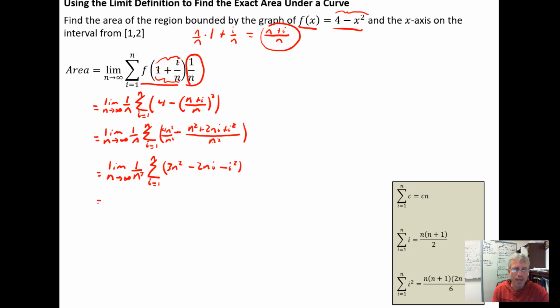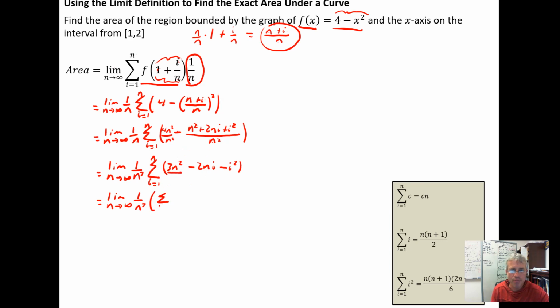And then we can use summation rules to break apart the summation, so we get the limit as n goes to infinity of 1 over n cubed times, we'll break this into the individual sums. So I have a constant here, 3n squared.